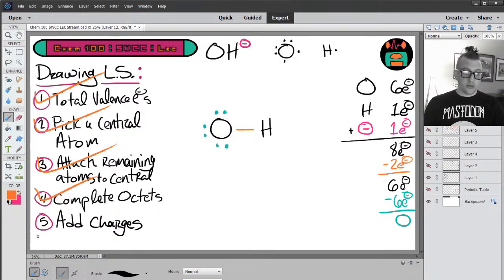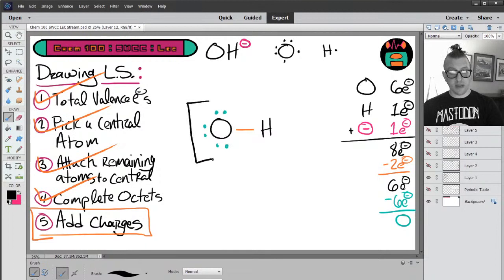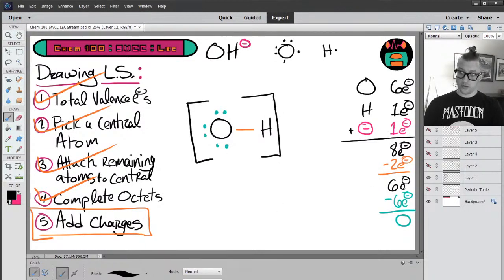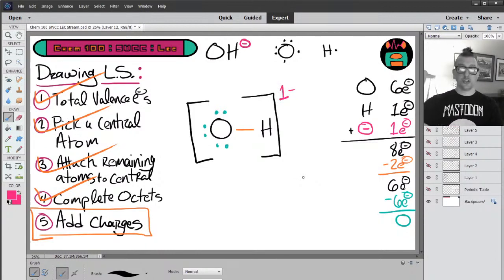Now, what do we do about step number 5? Add charges. Whatever the charge is on your molecule, you have to add it to the Lewis structure. The way you do this is by placing a bracket around the Lewis structure and then writing the charge on the outside of the right bracket, superscripted.